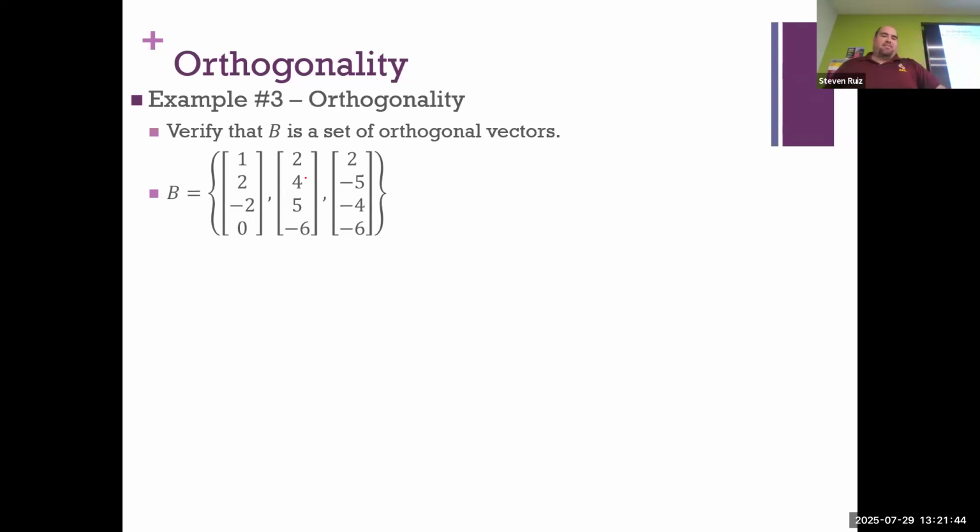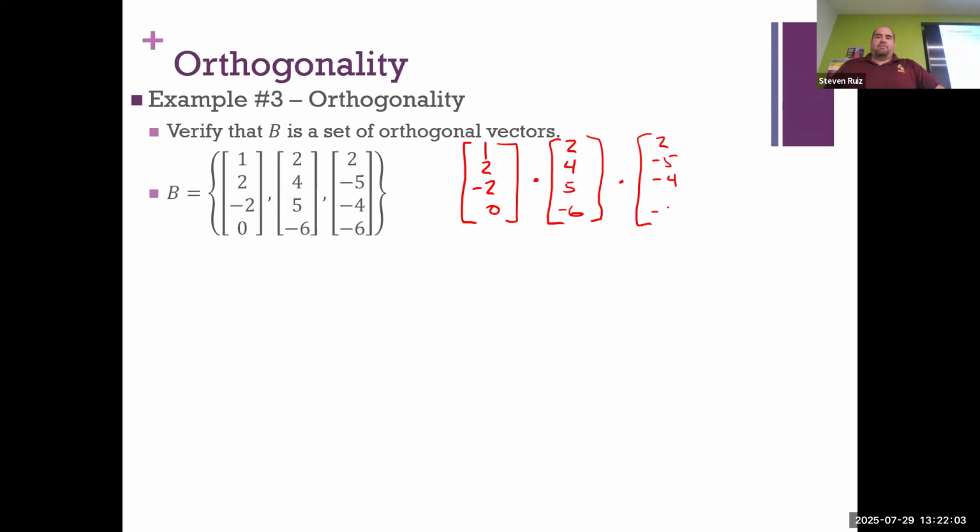So let's think about that. What happens if I dot all these together? So (1, 2, -2, 0) dot (2, 4, 5, -6) dot (2, -5, -4, -6). Can we do this?